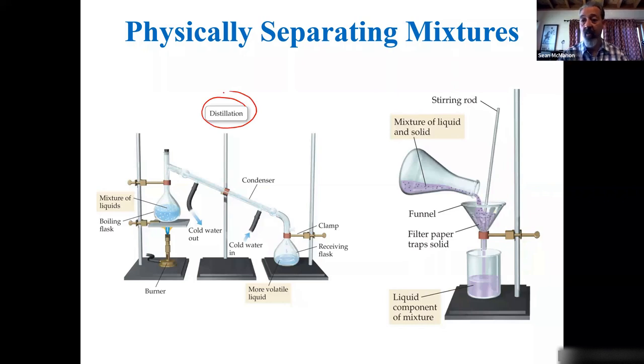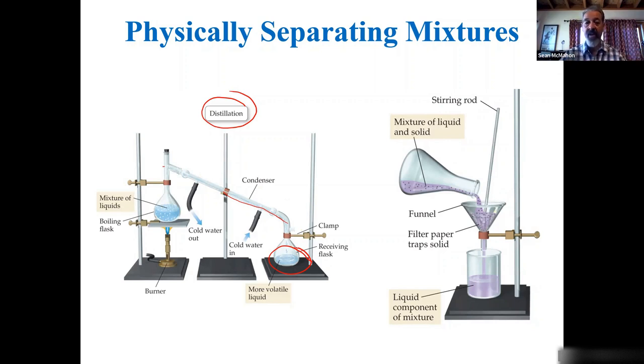Let's say I had a water and alcohol mixture. I can take advantage that the water actually has a higher boiling point than the alcohol, the ethanol, and I can boil off the ethanol first and then condense it and catch it based on its boiling point differences. So we're using differences in the pure substances' physical properties to separate them.